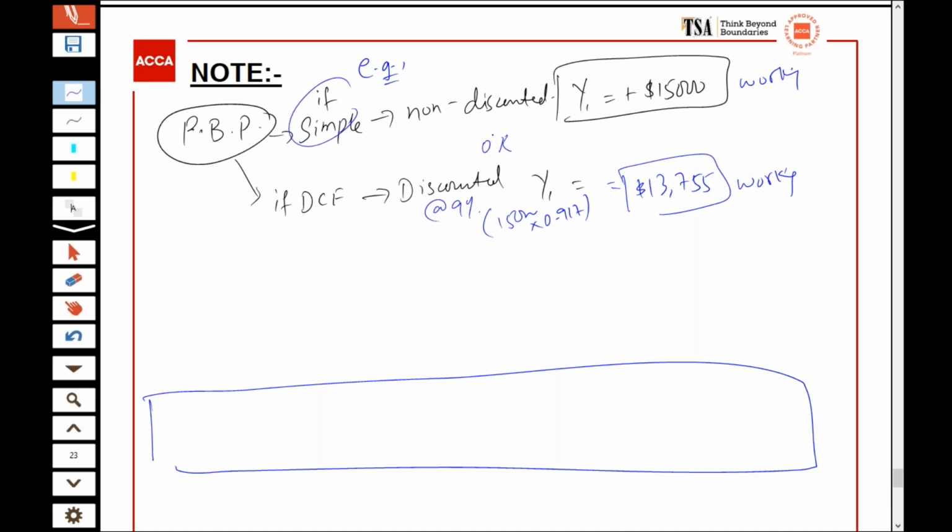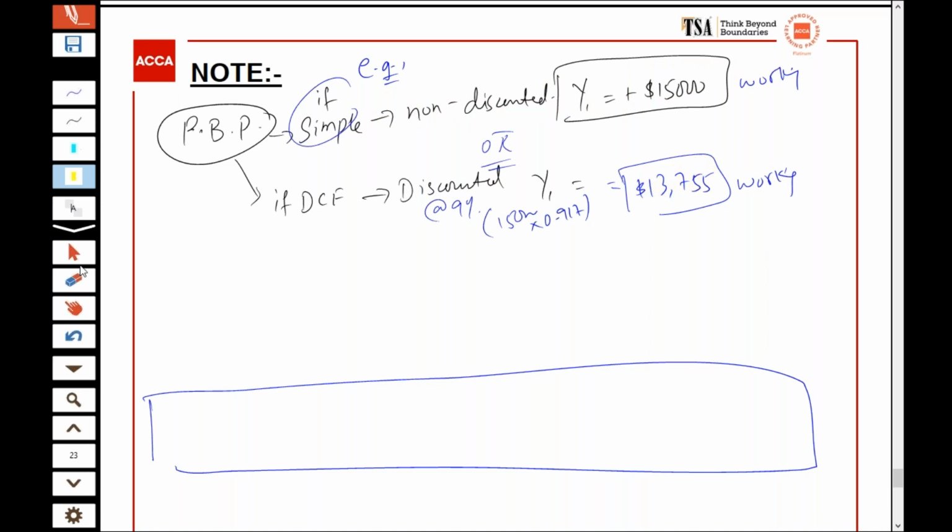I will be working on both figures. So my payback period from non-discounted cash flows will be earlier. Why earlier? Because the amounts are larger. This is 15,000, the larger amount, and this is 13,000, the smaller amount.